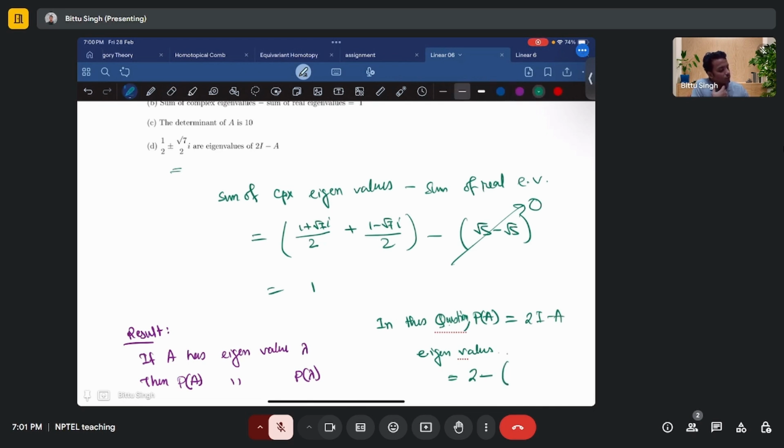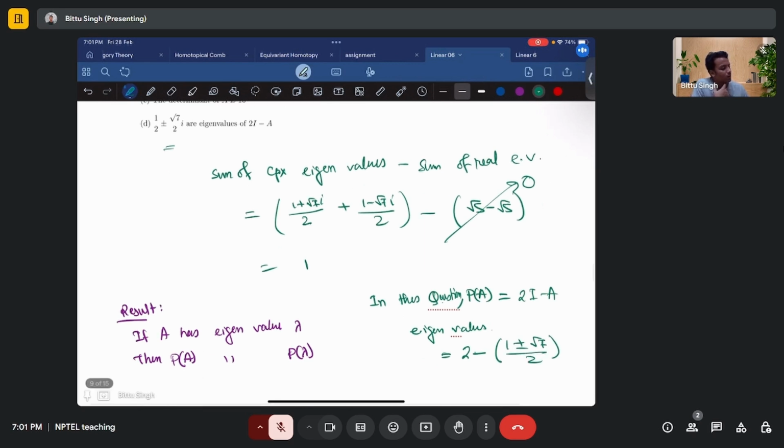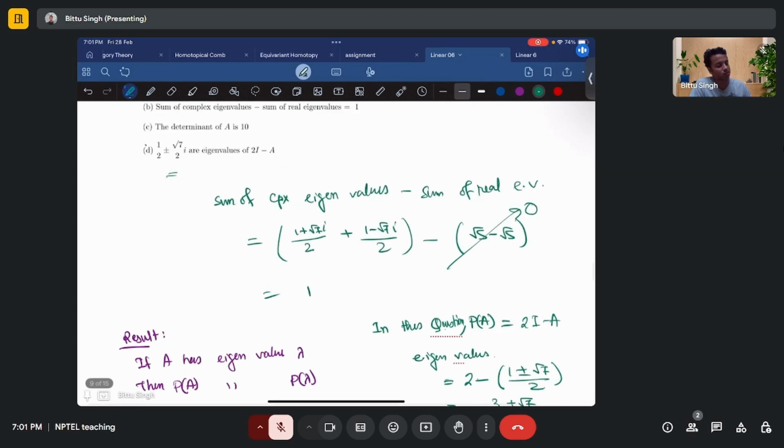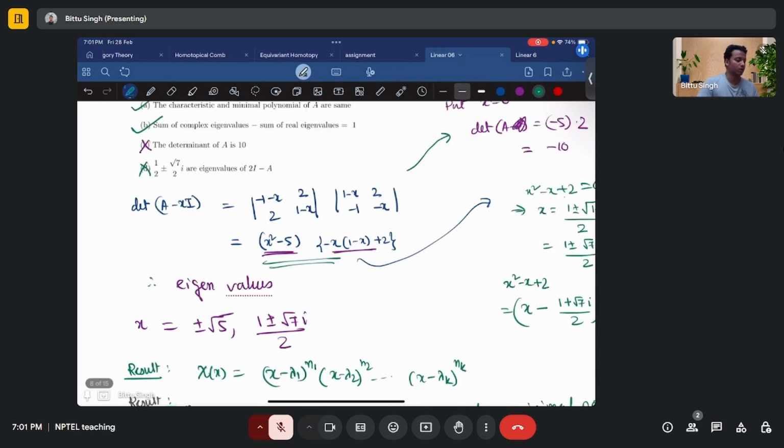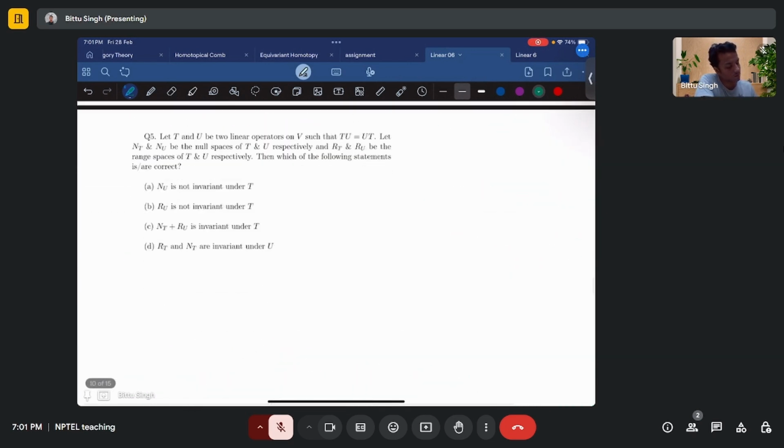We have seen that the eigenvalues are of the type 1 plus minus root 7 by 2. If we subtract, this becomes 3 by 2 plus minus root 7. So this is actually false. This is also false. So those are the only correct ones. A and B are the only correct answers.